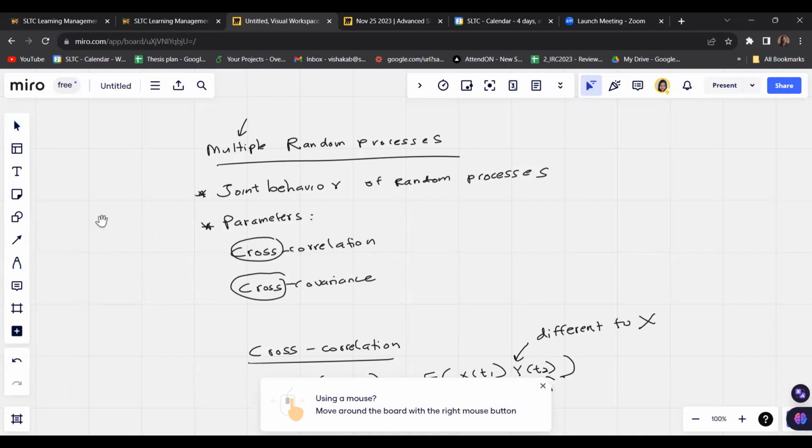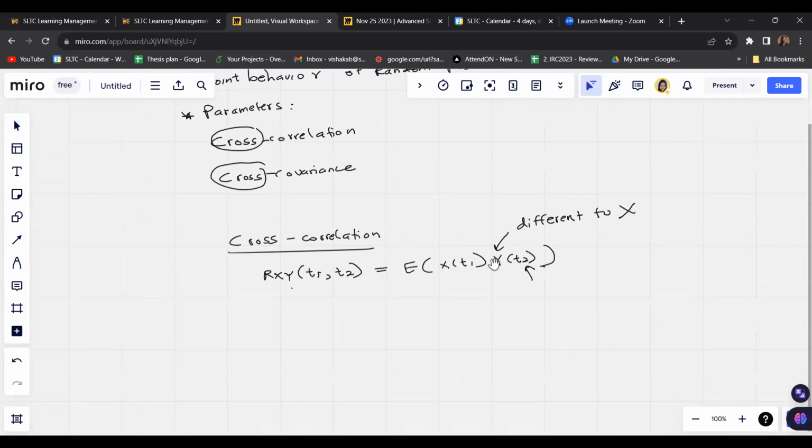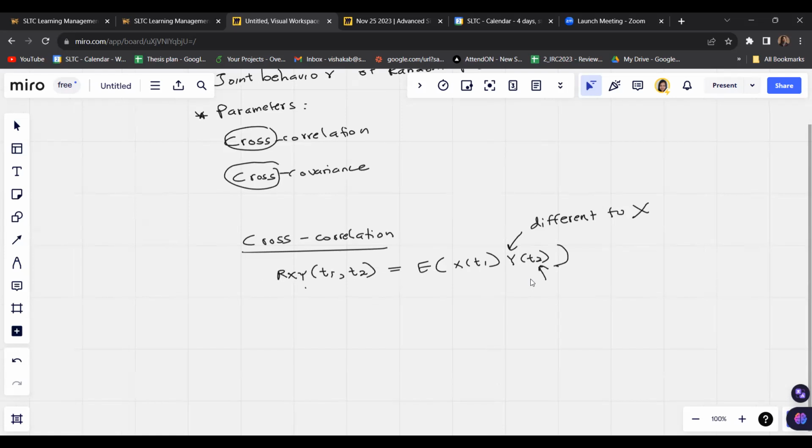So we are comparing two signals at two different time instances, defined by T1 and T2. So let's assume we know the values of the time instances, and then we are going to compare these two signals X and Y related to those specific time instances.